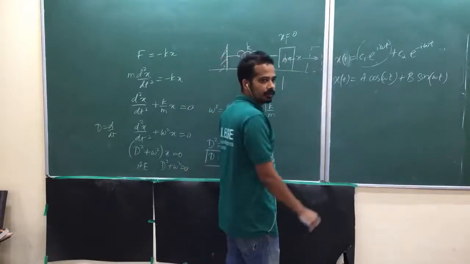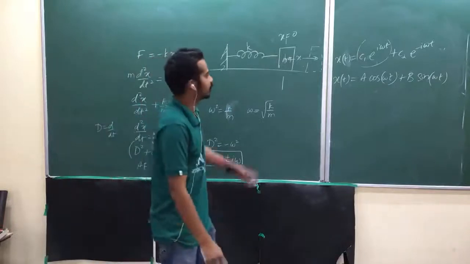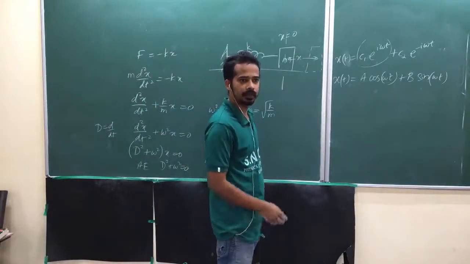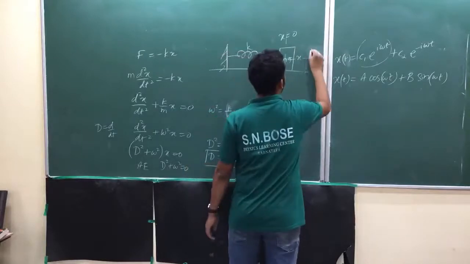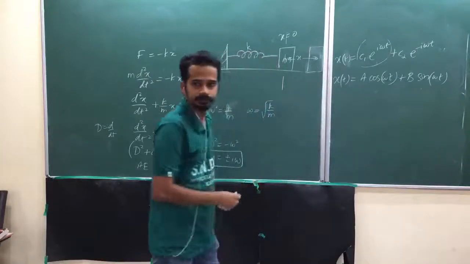Am I right? Now it does matter where you leave the mass, so that is all different. Look at here. My initial position of the mass, let me take it at one extreme position.